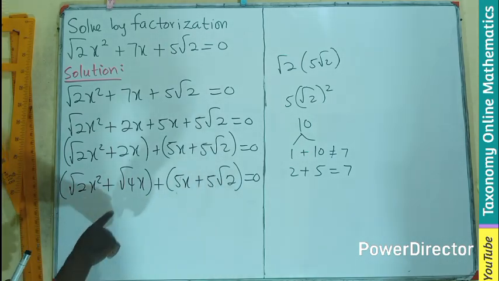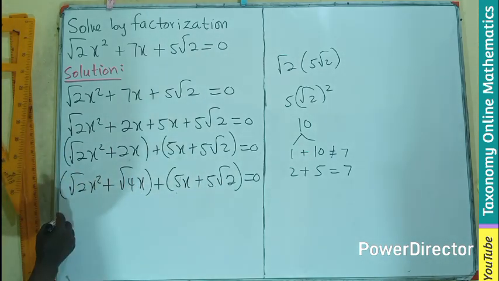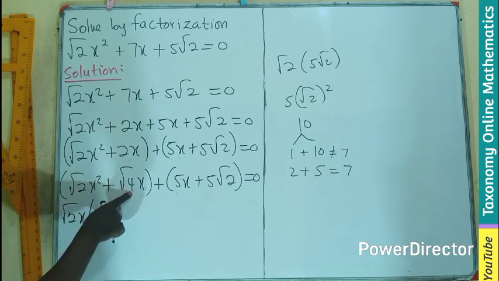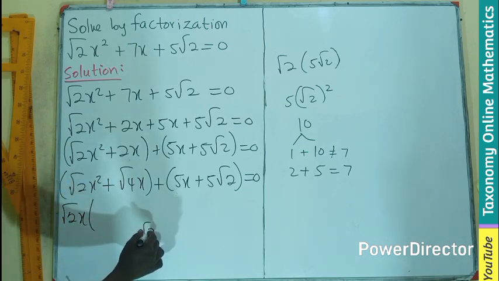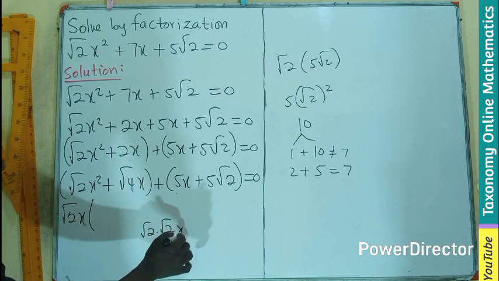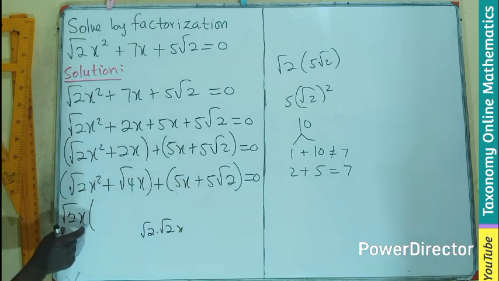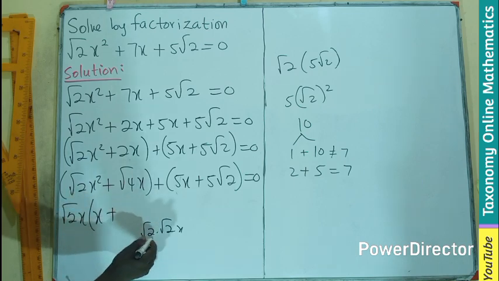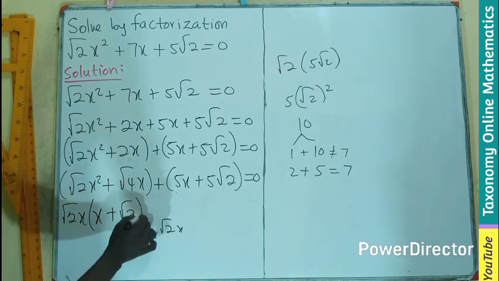And I can see there is root 2 times root 2 here. I should be having my root 2 at the end here. So there's a common factor of root 2 x. You see, there's a root 2 x here, which is root 2 times root 2 x. So this is taken out as a common factor. Dividing this, you'll be left with only x, plus the only factor will be root 2.